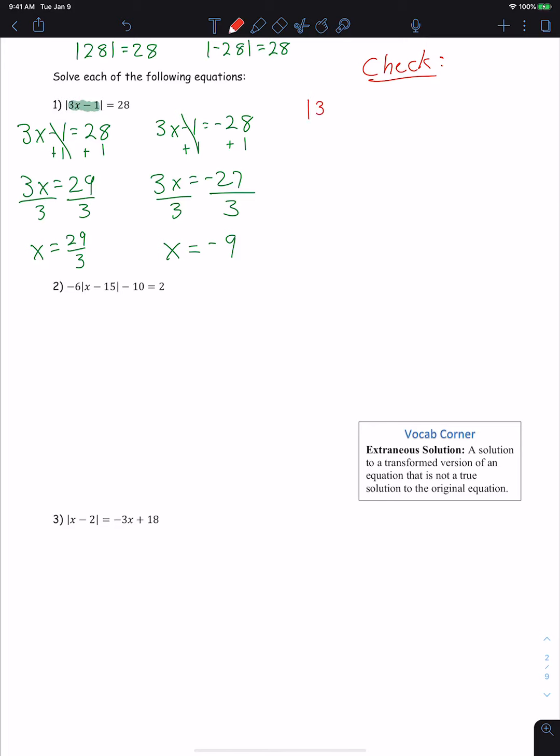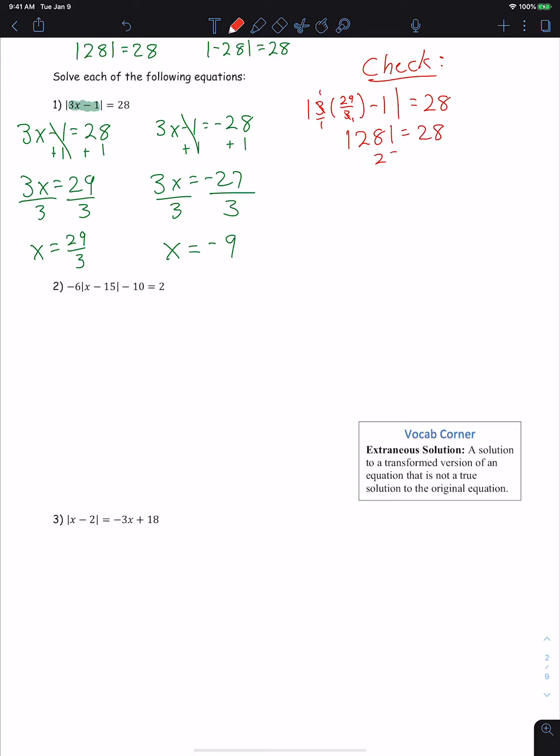That'll be the absolute value of 3 times my first x, 29 over 3, minus 1, equals 28. So I multiply. You can put that 3 over 1 if it's easier to think of. So these 3's cross cancel to 1 and 1. So we're left with 29 minus 1 on the inside, which is positive 28. And the absolute value of 28 is equal to 28.